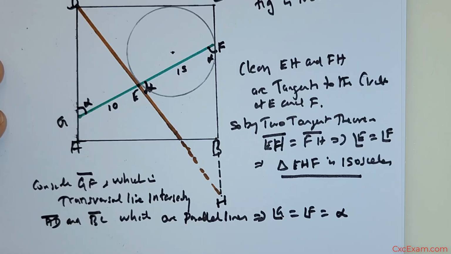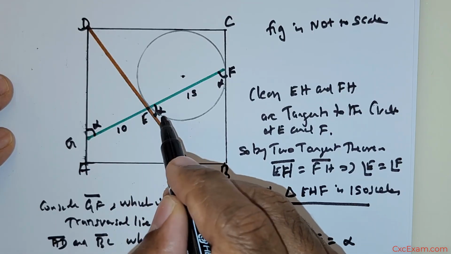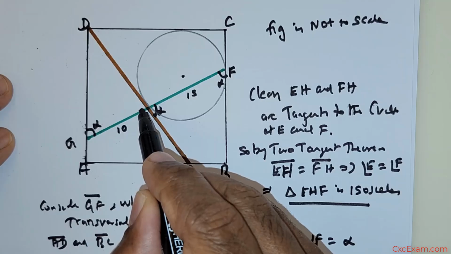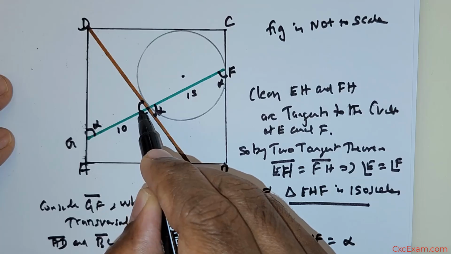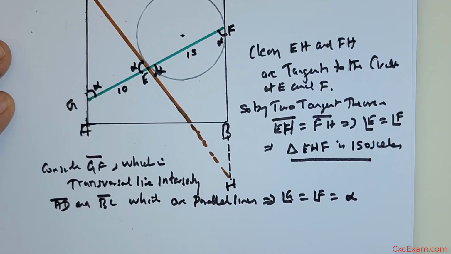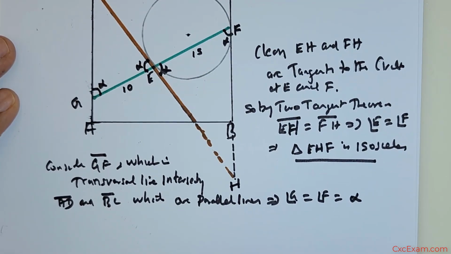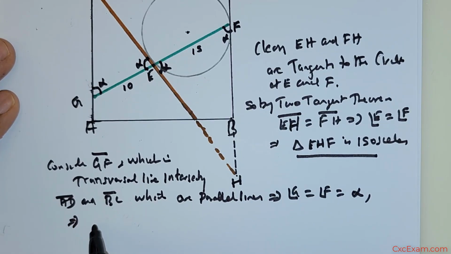Now the next point is we will have to actually look into another aspect over here. Now this is alpha, this is actually the opposite angle, so this would also be equal to alpha, right, by the opposite angle theorem. So this in turn would mean triangle GDE is also isosceles.